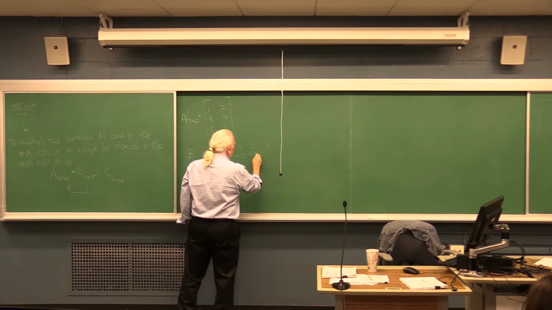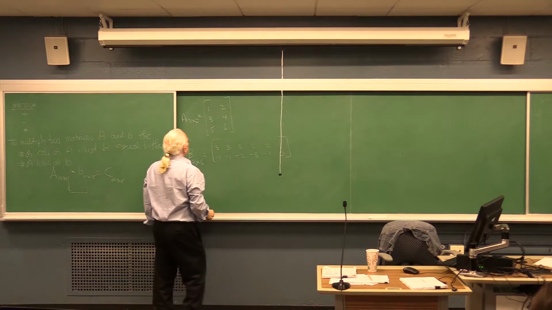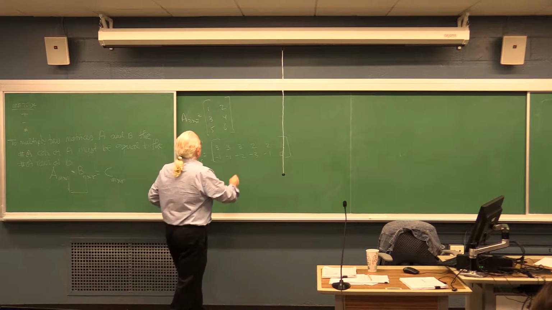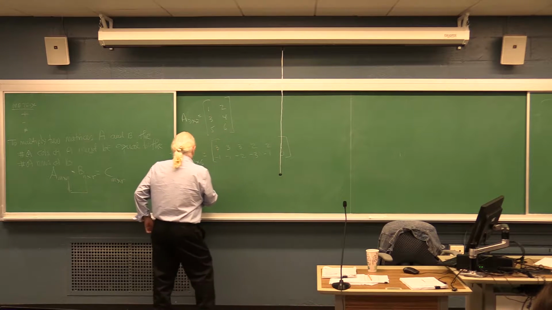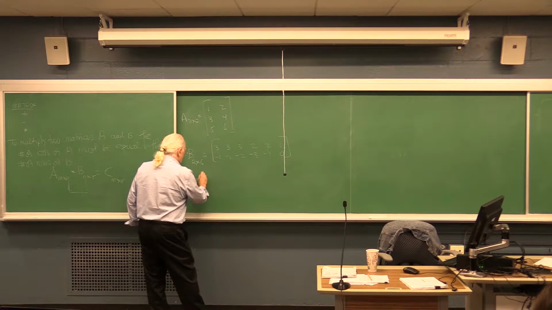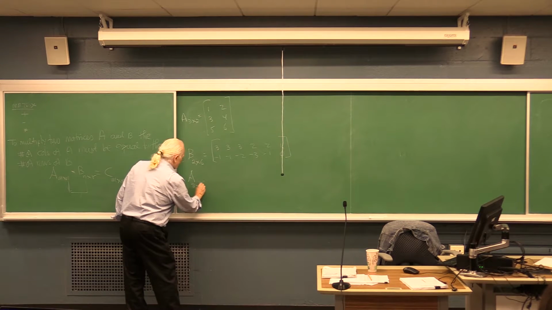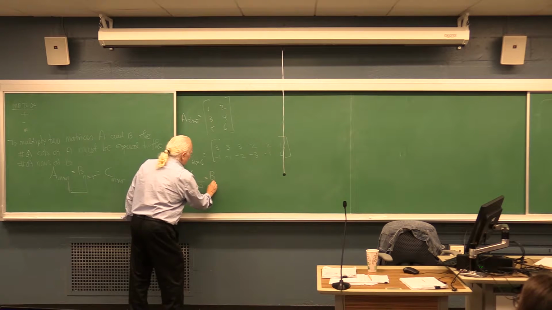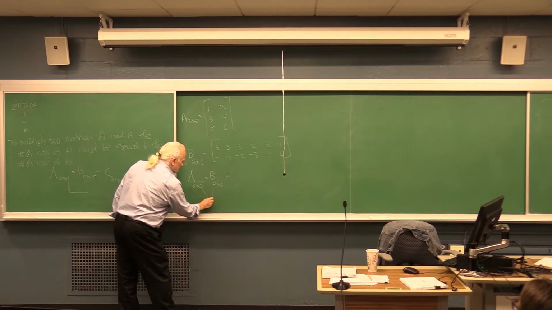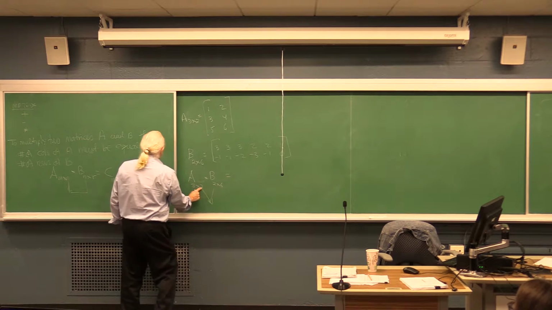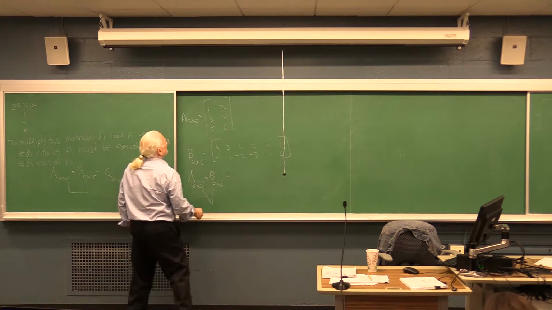I'm just picking easy numbers. So A times B, A is 3 by 2, and B is 2 by 6. So you can do the multiplication because the number of columns of A is equal to the number of rows of B.